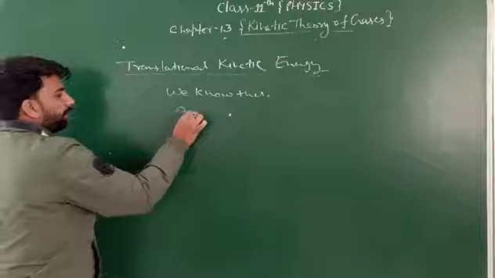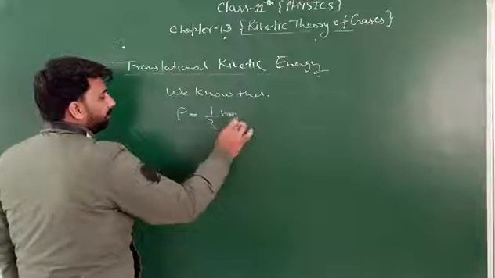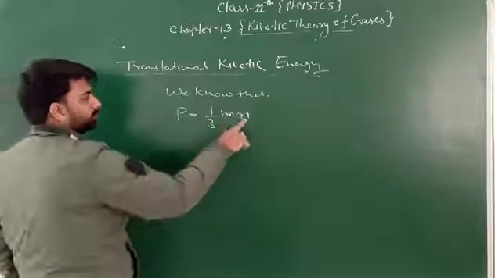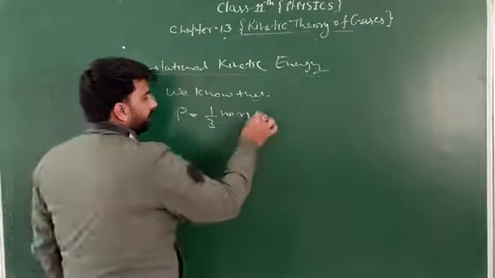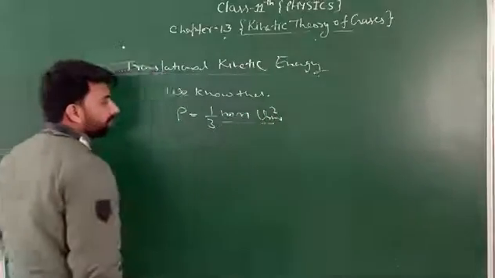the pressure due to an ideal gas P = 1 by 3 mn Vrms square upon volume V, where m is the mass of a single molecule, n is the total number of molecules, and Vrms is the root mean square speed.